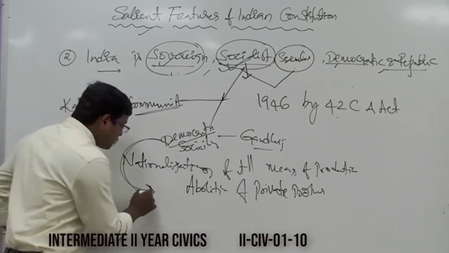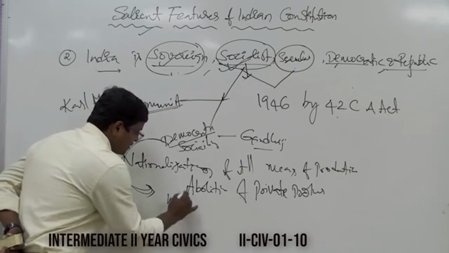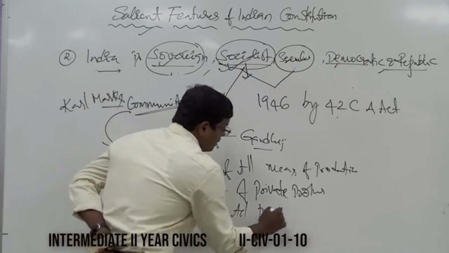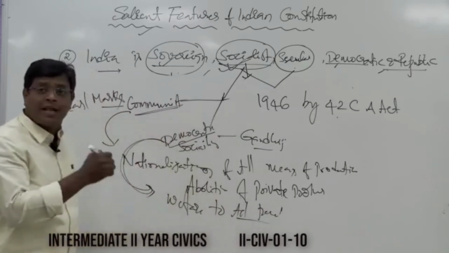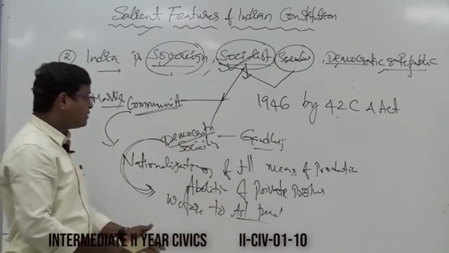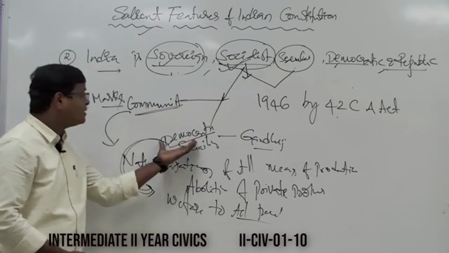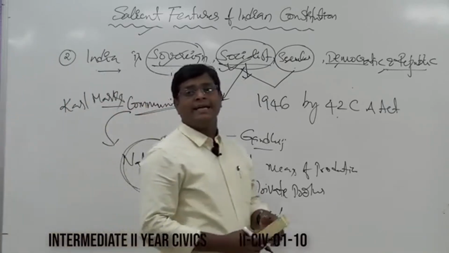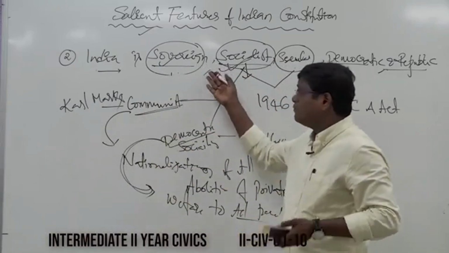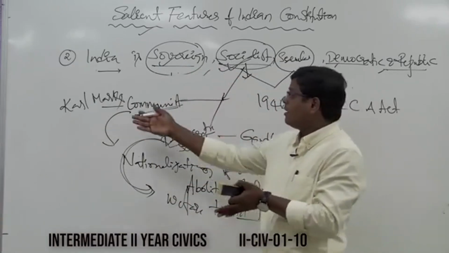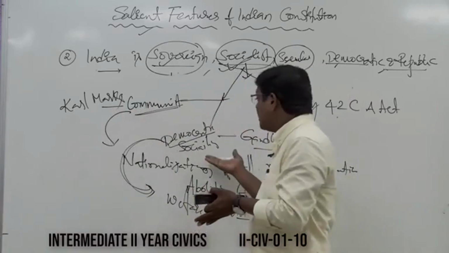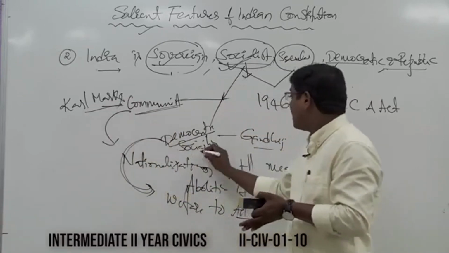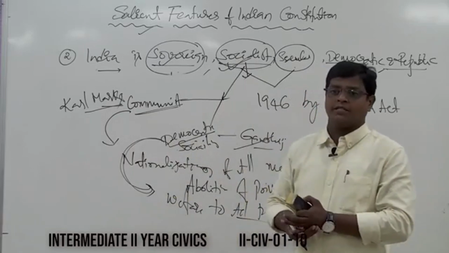Here the state should be responsible to provide welfare to all people. That is called the Gandhian style of socialism. So nothing but Indian type of socialism, which is influenced by both the Karl Marx type and the Gandhian style of socialism.